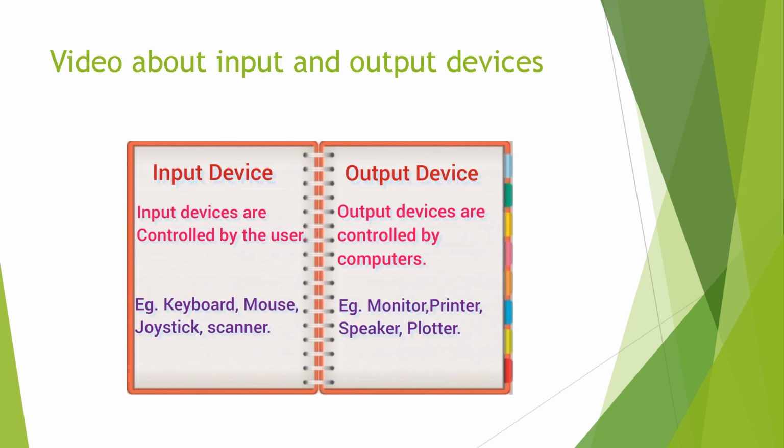Examples of output devices: monitor, printer, speaker, plotter. So, those are examples of input and output devices from the video.